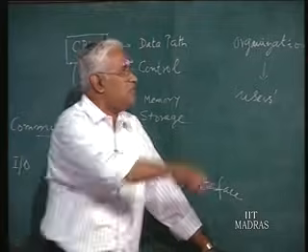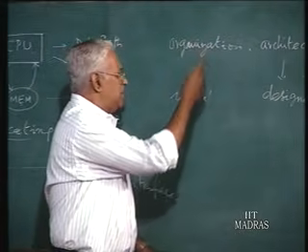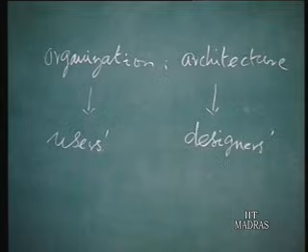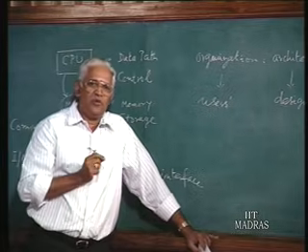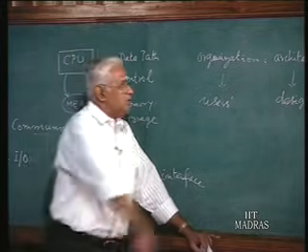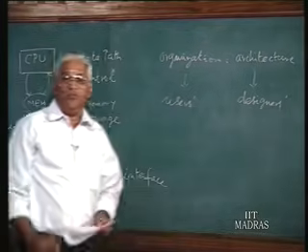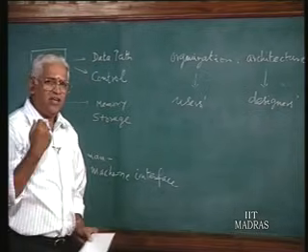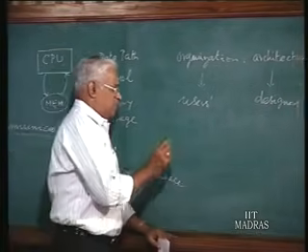For instance, we talk about something like a car driver and a car mechanic, the same way here too. So, the organization is study of computer system from the user's point of view, and the architecture is study of the same system from the designer's point of view. I will explain this further through an example.